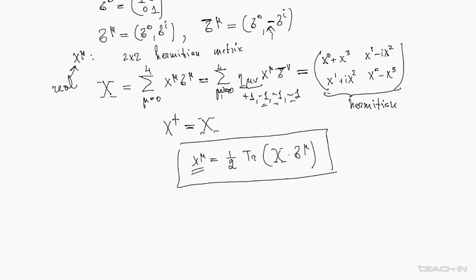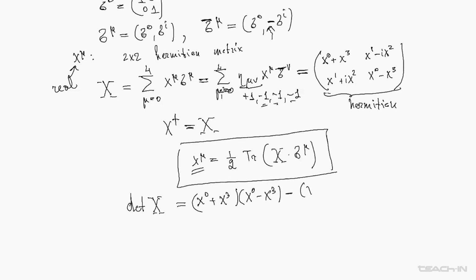Finally, if you compute the determinant of this Hermitian matrix X, you get x0 plus x3 multiplied by x0 minus x3, minus x1 minus i x2 times x1 plus i x2.